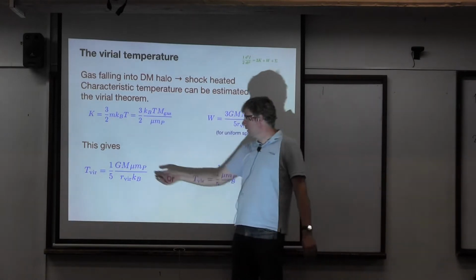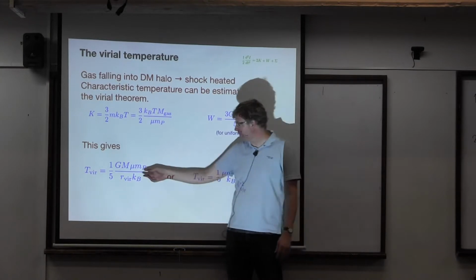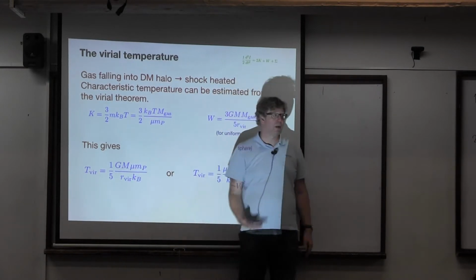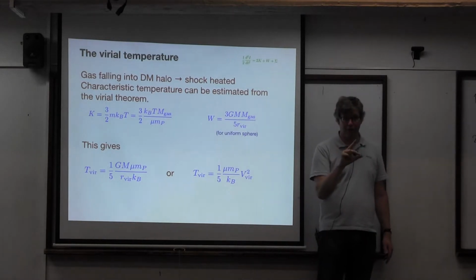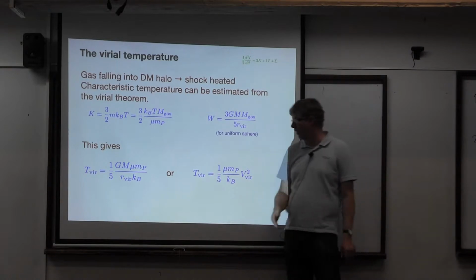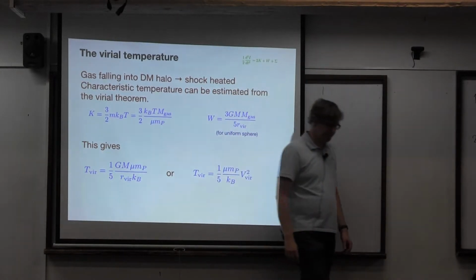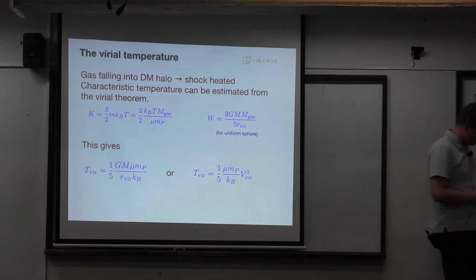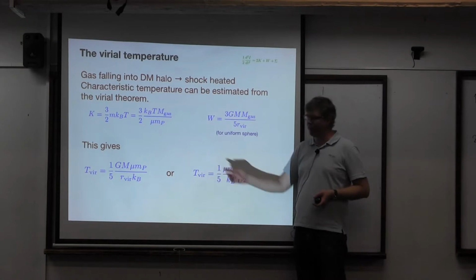If you ionize the hydrogen and you ignore the weight of the electron, then the mean mass would be half, right? Because you have twice the particles, but the same mass. They have the mass of hydrogen, so the mean mass per particle is half of the hydrogen mass. If you have ionized hydrogen and helium, then this is 0.59. So this now gives me an estimate of what the virial temperature is.